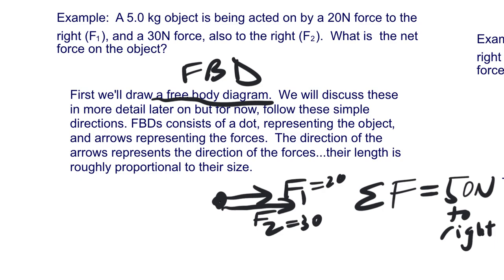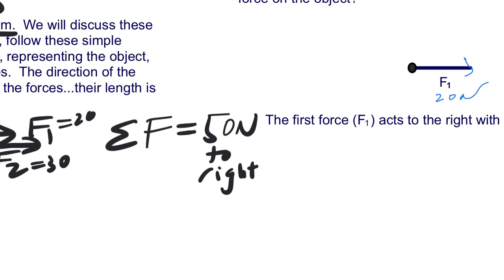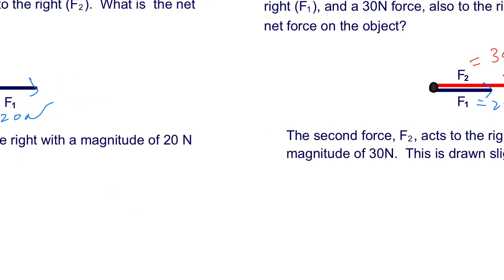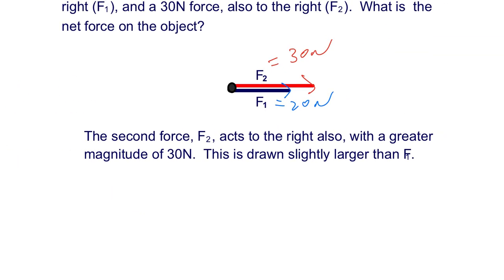If the vectors are collinear and pointing the same direction, you add them. If they're pointing opposite directions, you subtract them. If they're at right angles, you do the Pythagorean theorem. We'll do that one later. They drew them differently, but that's okay.